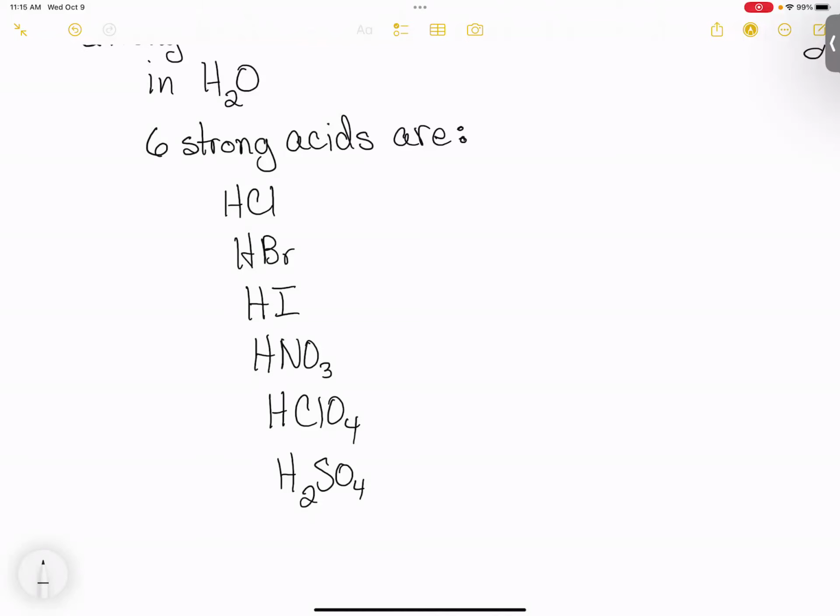Again, these 6 dissociate entirely. So when we actually add them to water, because they dissociate entirely, we use a single-headed arrow to illustrate the fact that they do dissociate entirely.